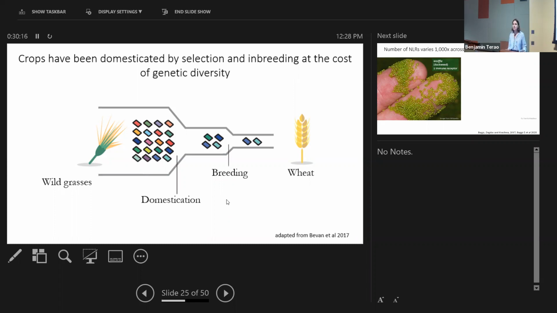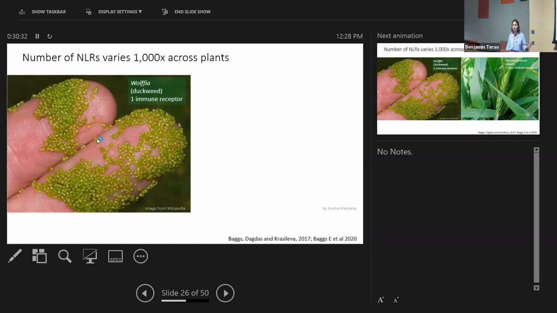And so we started to understand that, well, what are the different ways we can look at it? And Aaron had a very fantastic idea. She said, well, let's look at the natural diversity in copy number variation of these immune receptors.